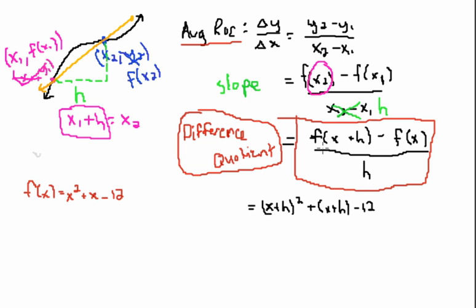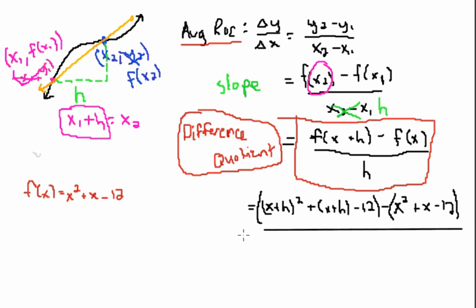Then I'm going to do minus f of x, so minus (x squared plus x minus 12). And remember, this is minus f of x, so we're subtracting the whole expression. Maybe it'd be more clear if I put this whole first thing in parentheses as well. So this is f of x plus h, this is f of x, and I'm going to do this all over h.